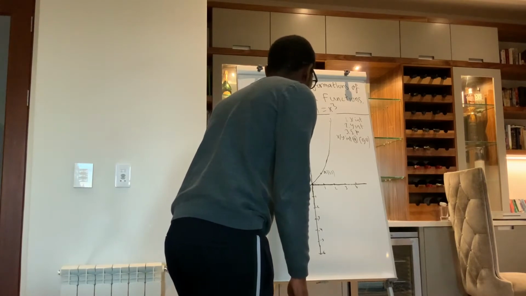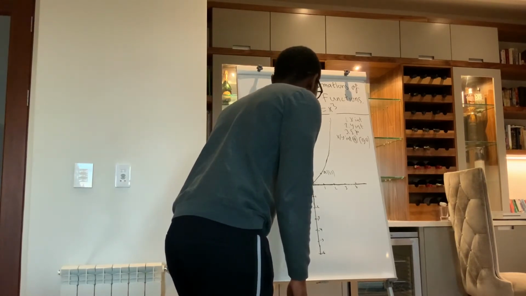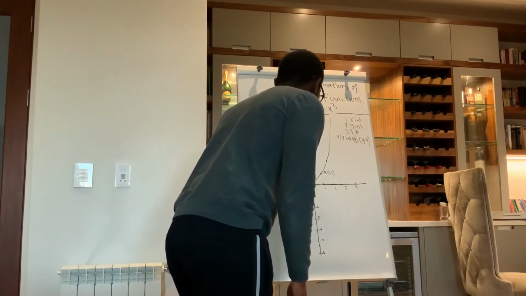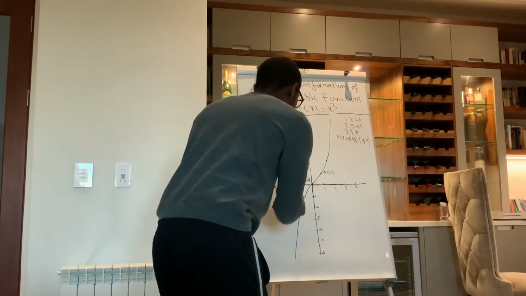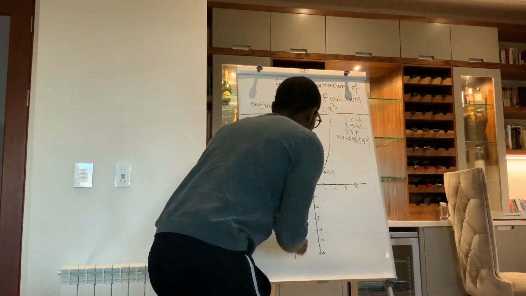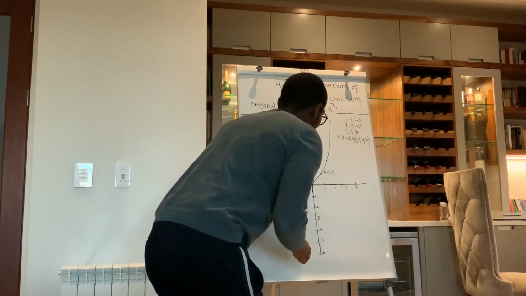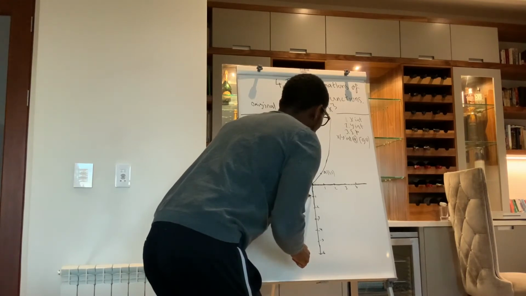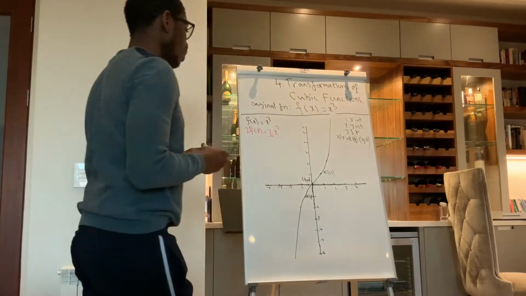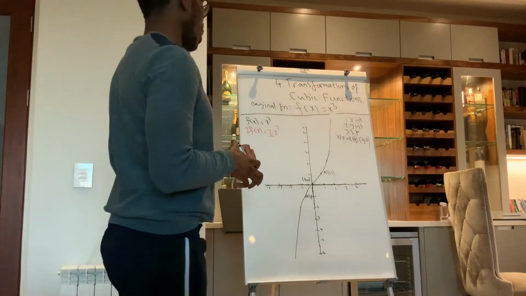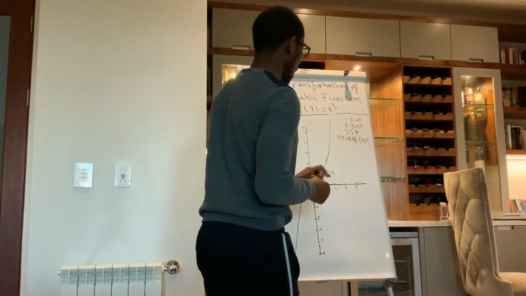So here we've got B, sorry, let me rewrite that. Got B, and that's at (-1, -1). Right? And now let's look at C, which is when x is 2.